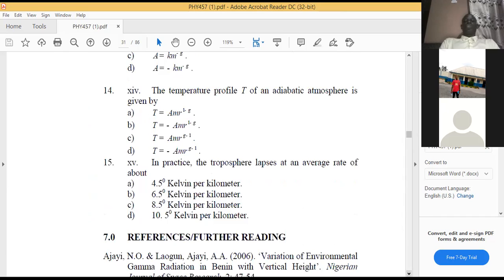Answer those questions on pages 30 to 31, then snap the answer and send it through WhatsApp to me. Is that clear? Okay, answer those questions and get back to me next week.